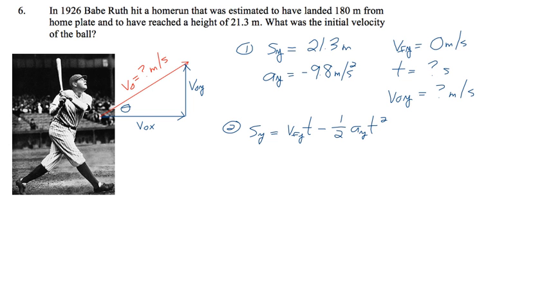And since the final velocity in the y direction is 0, I can cancel that term out. If I rearrange this equation to solve for time, and again, I'm not going to go through all the minutiae of the algebra, here's the equation. I'm going to move the minus to the other side. I'm going to move the 1/2 to the other side, which is going to make it 2. And then I'm going to divide by AY.